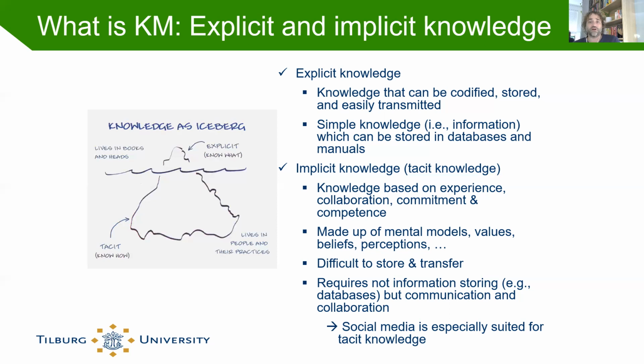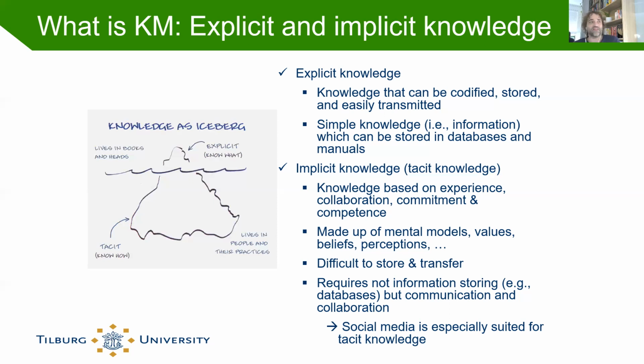Now, explicit knowledge is not asking a question. So if I post on Canvas that the exam will be next week, that's explicit knowledge. If you go to Wikipedia to find an article about explicit knowledge, that's explicit knowledge. If you read a book, that's explicit knowledge.